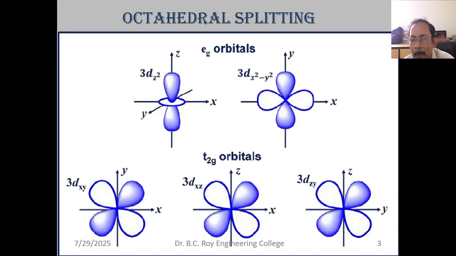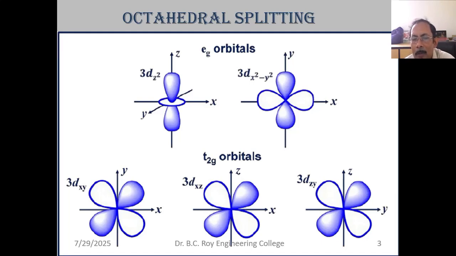Whenever the ligand approaches, how is the ligand approaching? Along the axis. So if we go for an octahedral splitting, then the d orbitals will be aligned according to the xyz axis, and the ligand is approaching along the axis.